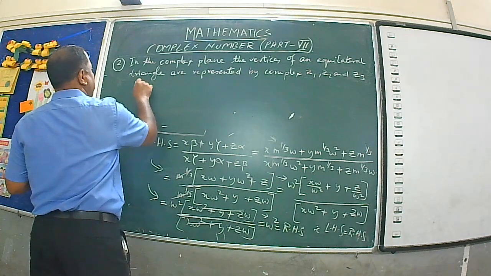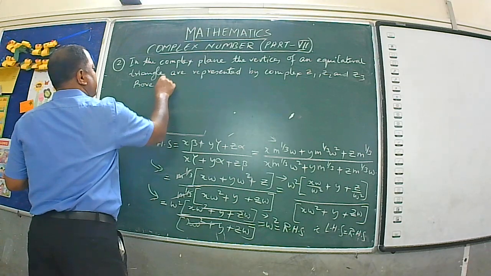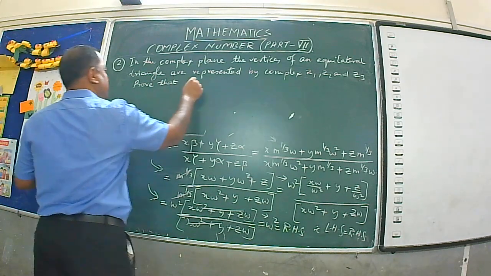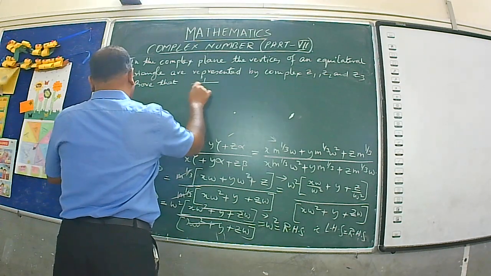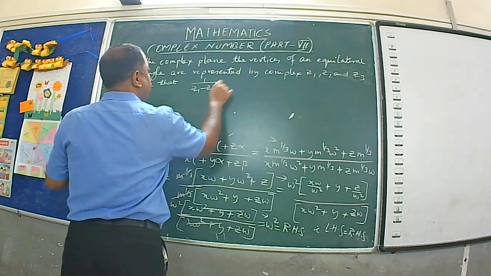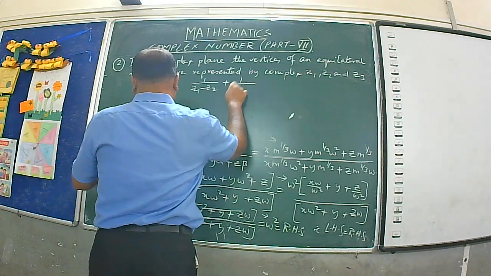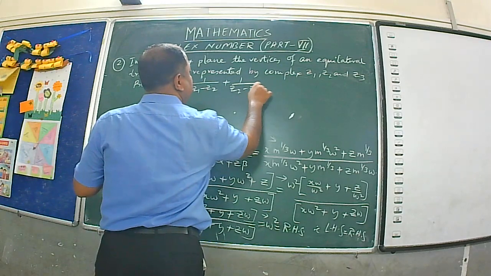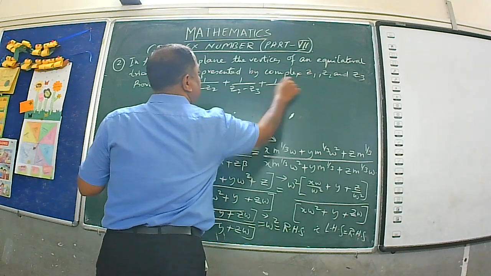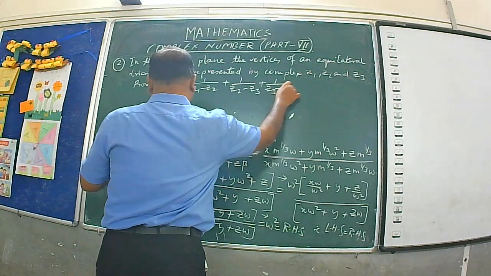Prove that 1 by Z1 minus Z2, plus 1 by Z2 minus Z3, plus 1 by Z3 minus Z1 equals zero.